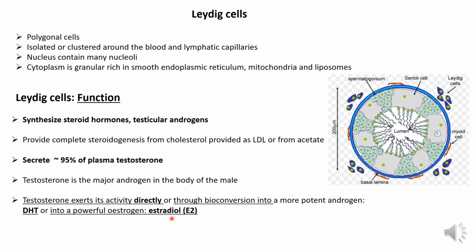That's why it is important, because it can act by itself, or it can be converted to DHT or to estradiol, and both of them have important functions in the male genital tract.